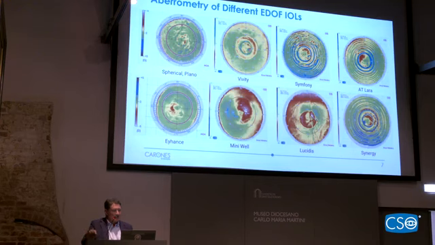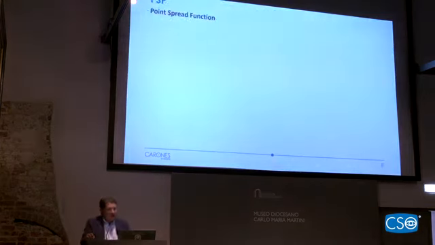Especially if you measure these differences using the dioptric power instead of the wavefront. Why is that? Because dioptric power is more accurate than wavefront. And I'll show you in a while what I'm saying.